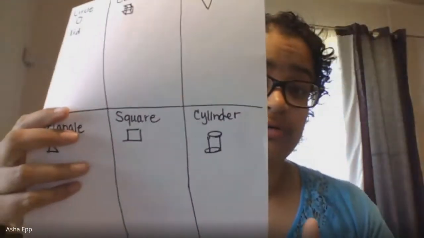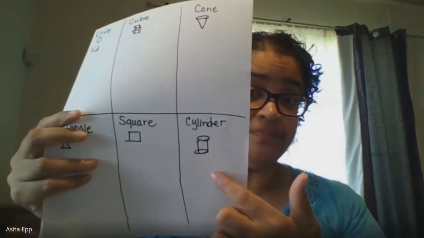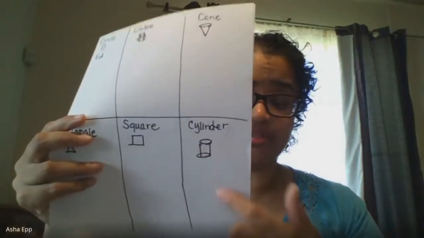So once you go around and collect your items, you can either draw a picture or you can write the words. So I would write toilet paper. Let me do that real quick. And what else did I have? I had the tissue box and the Post-it note.